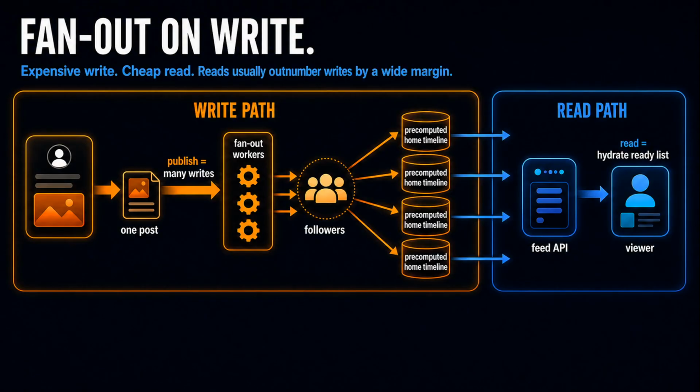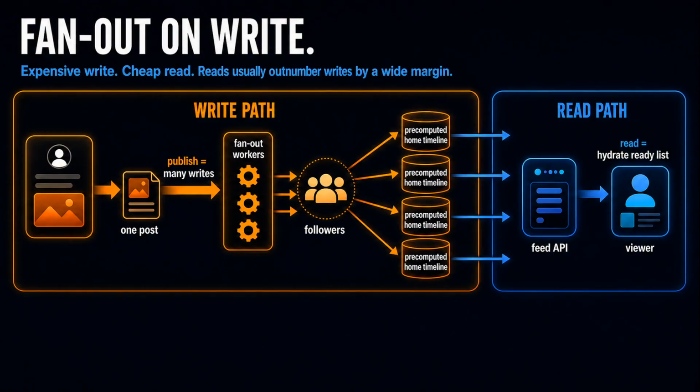Flip it: fan out on write. When an author publishes, the system fetches the followers and writes the post ID into each follower's pre-computed home timeline. Opening the feed becomes reading a ready-made list, hydrating the post IDs, applying late filters, and returning the page. The same pattern as the queue we used in Chapter 4, just with a much bigger blast radius.